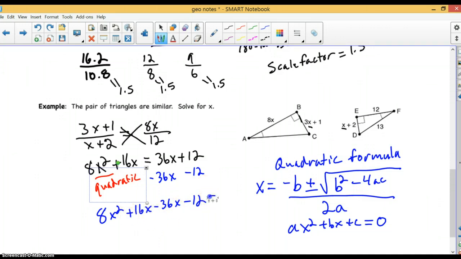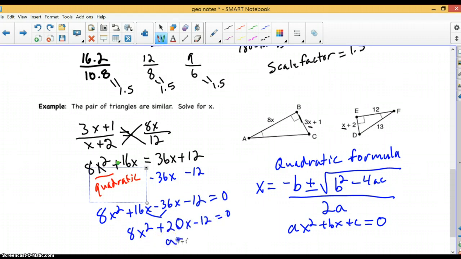And we simplify by combining like terms. 16x minus 36x gives us negative 20x. So we have 8x squared minus 20x minus 12 equals 0.